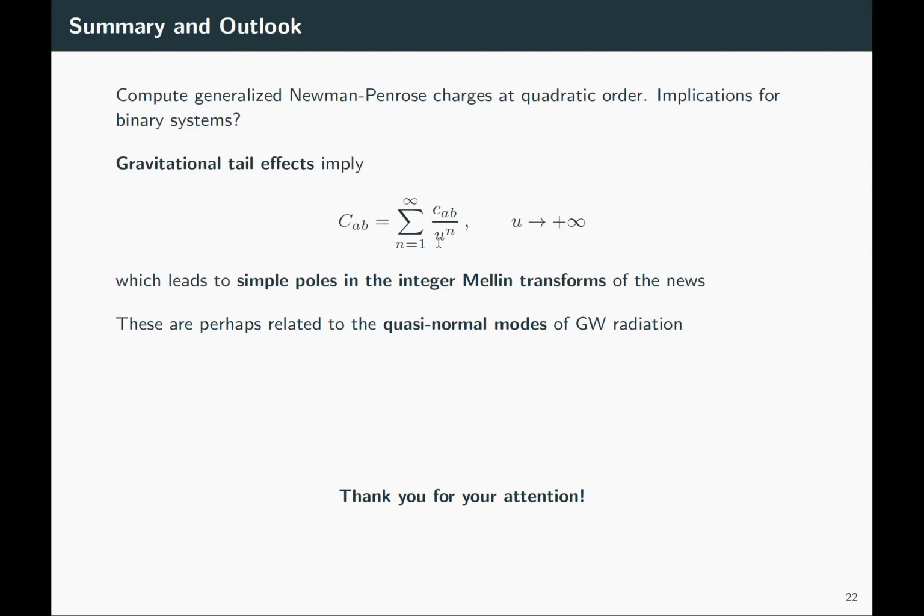And if you take a time derivative of the news and then take the Laplace transform, the Mellin transform, you see that there are poles at every integer value n. And these are the points where we computed those balance equations.